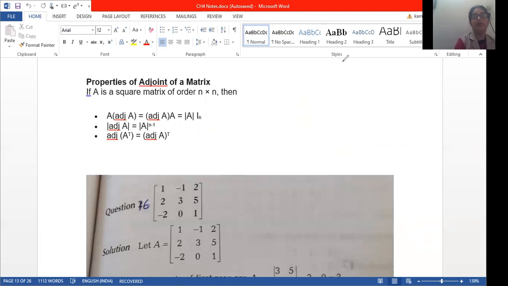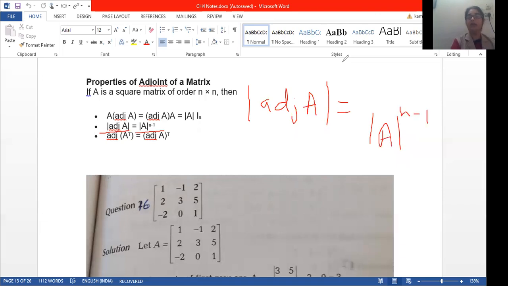Then the next property is: determinant of adjoint of A is equal to determinant of A to the power of n minus 1. What does it mean? It means that adjoint of A is a matrix.